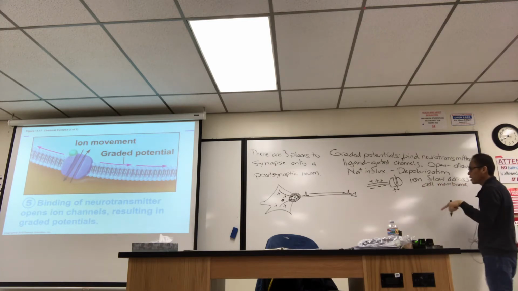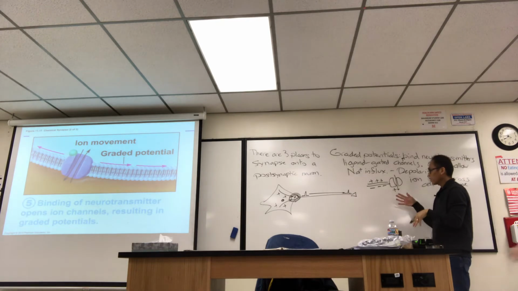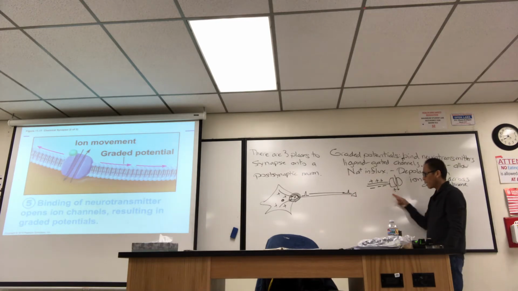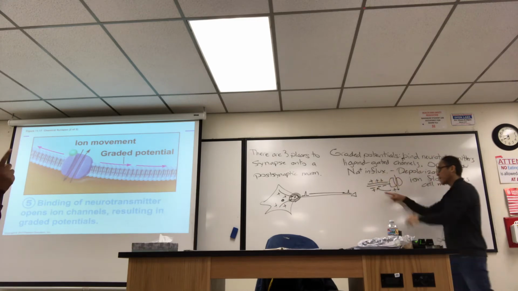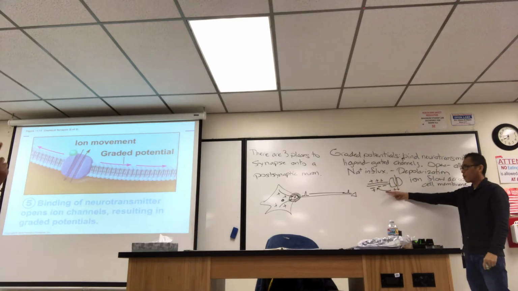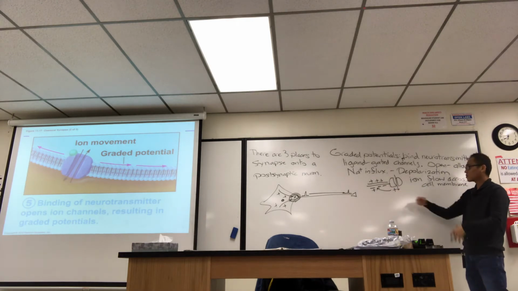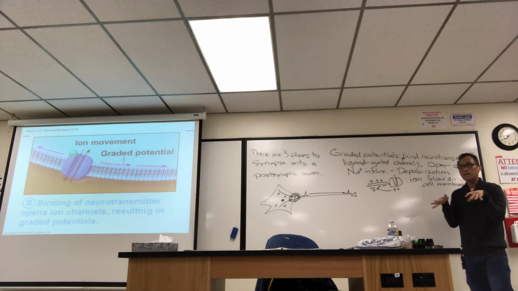But then once you get in, you look around and say, oh, it's negative there. I'm attracted to negative, so I want to go to where the negatives are. That's current flow on the inside. So you also have ion flow along the inside of the cell membrane too.